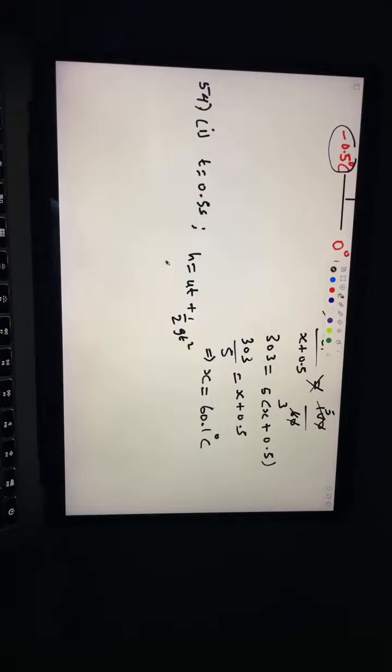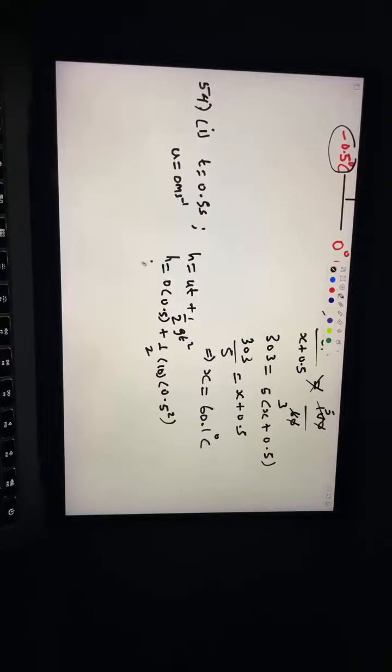Since it's falling from rest, u will be 0 meters per second. So our h will be 0 times 0.5 plus 1 over 2 times g, which is 10, times 0.5 raised to power 2.